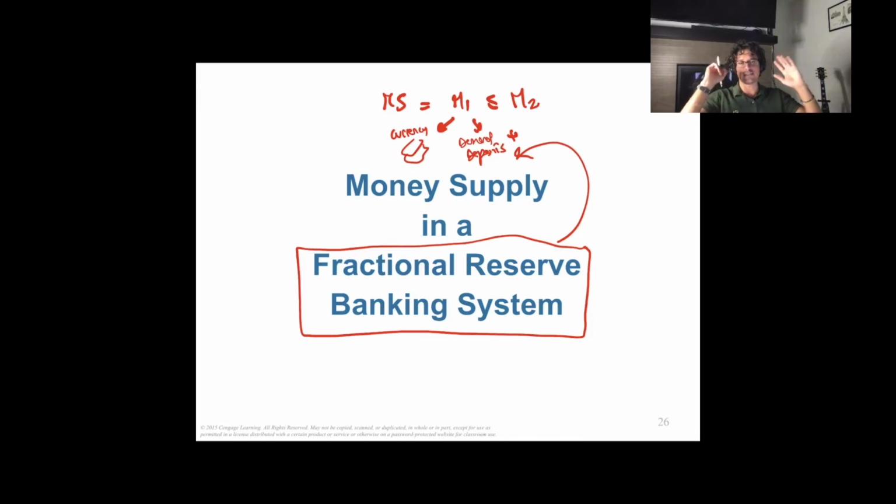Now, I want you for a second to think about the difference between currency and demand deposits. In particular, answer this question. Suppose there is no banking system. What would this money supply be? In particular, would there exist demand deposits without a banking system?